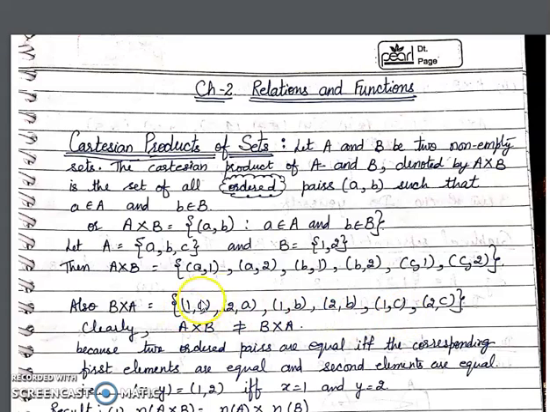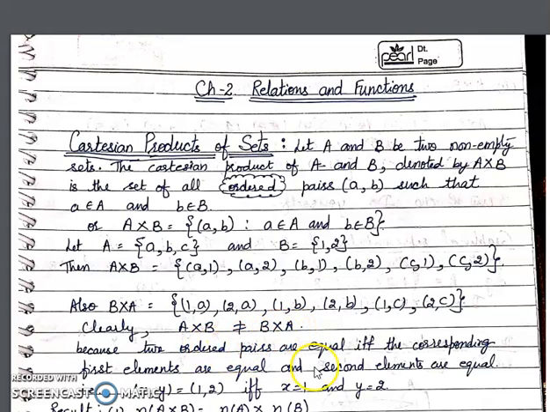So here also the number of elements remains 6. But you see here the first element is a, 1 and here 1, a. So clearly A cross B is not equal to B cross A.